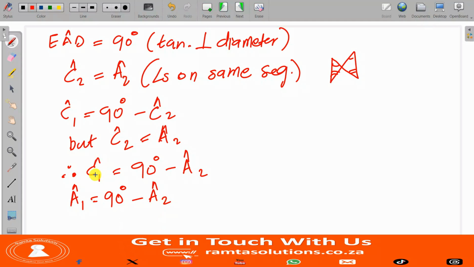Look at this angle: C1 is equal to 90 degrees minus A2, and angle A1 is equal to 90 degrees minus A2. Therefore, angle A1 must be equal to angle C1.